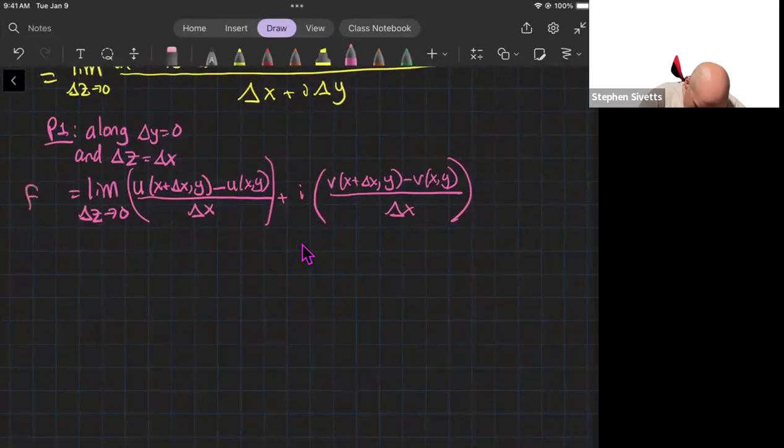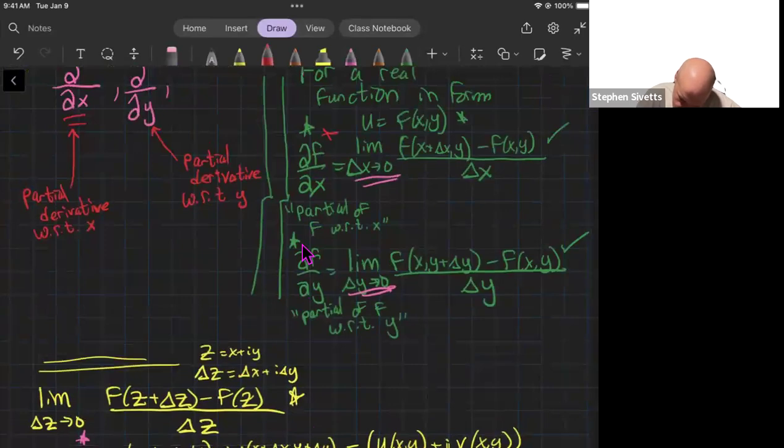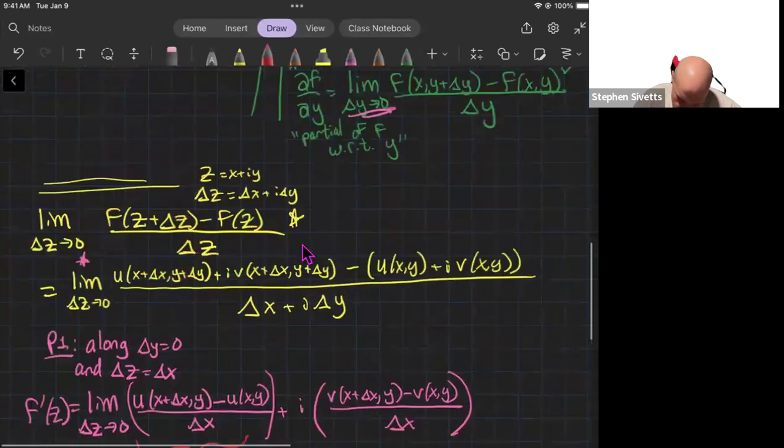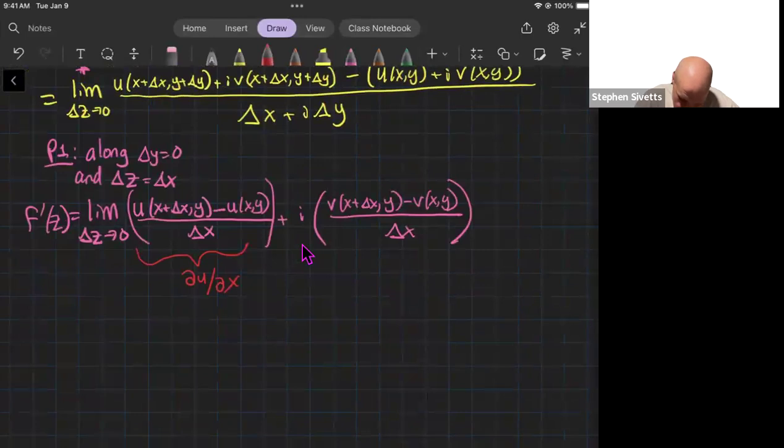So keep in mind, this has to equal f prime of z. The first term, this limit, would equal the partial of u with respect to x. That's the definition of this partial here. We're only varying x and we're fixing the y coordinates.